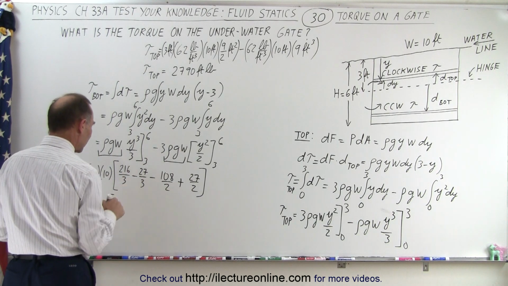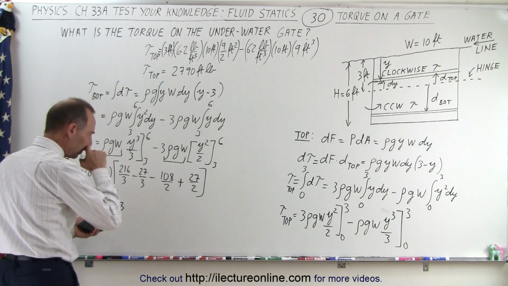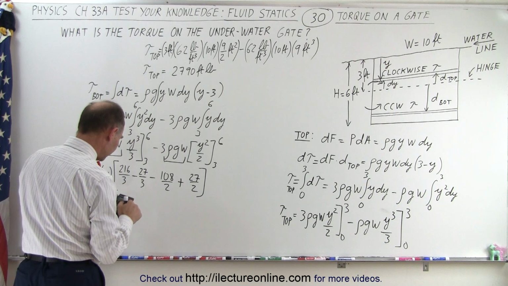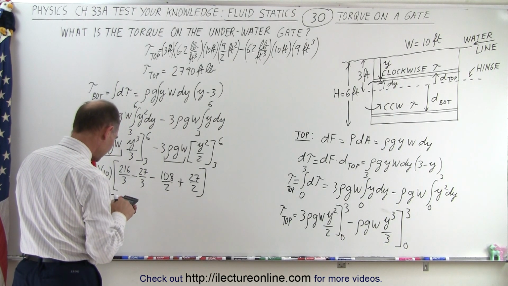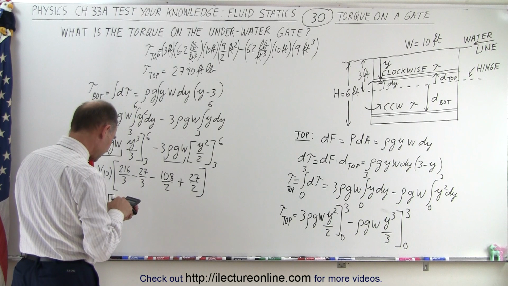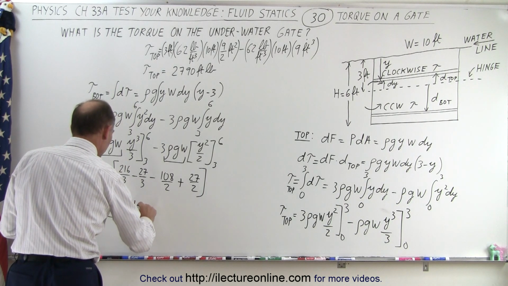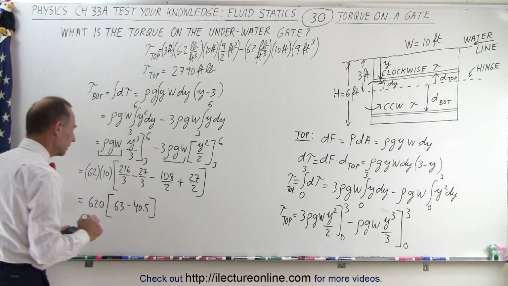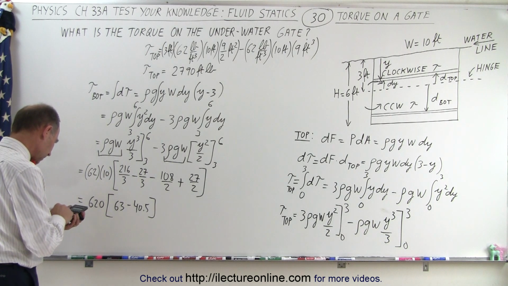I have 216 minus 27 divided by 3, which is 63, minus 108 divided by 2, plus 27 divided by 2, that would be minus 40.5. Okay, subtract that from 63, and then multiply times 620.